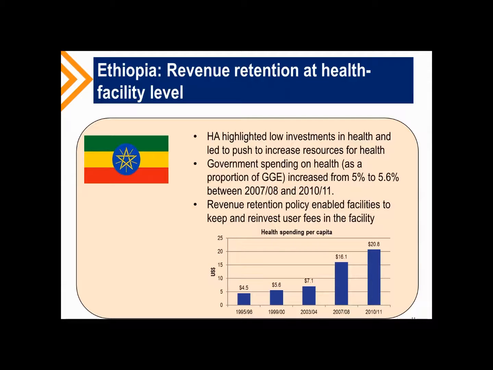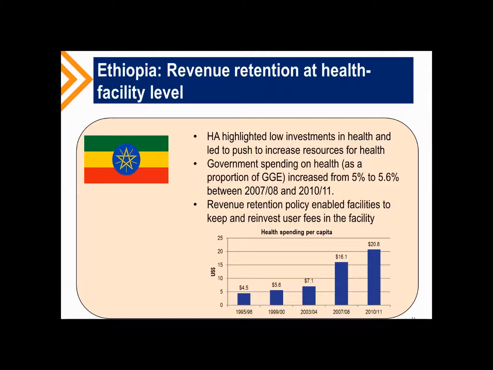Another country example we wanted to highlight was in Ethiopia, where they were able to mobilize additional resources for health through revenue retention at health facilities. In 2003-04, Ethiopia's health accounts highlighted very low investments in health. You can see in the graph on this page, the middle bar is the 2003-04 results.